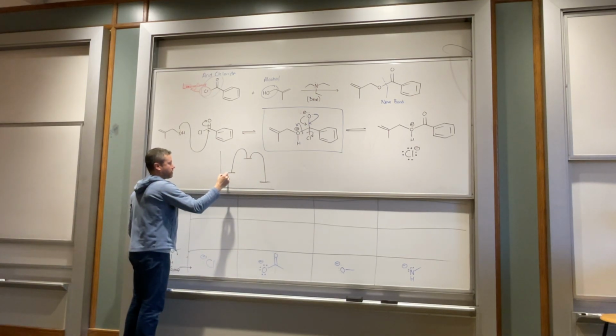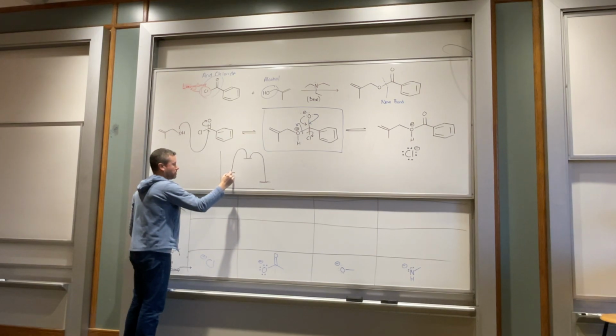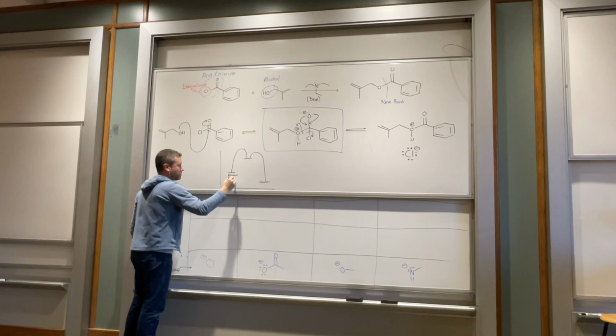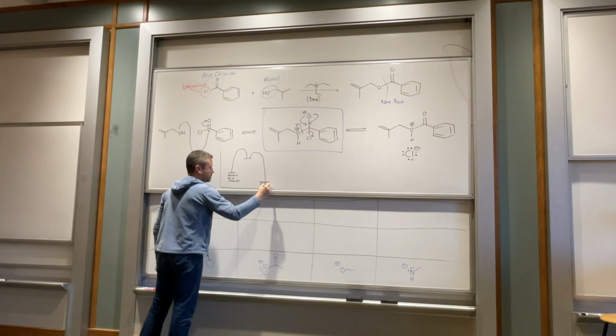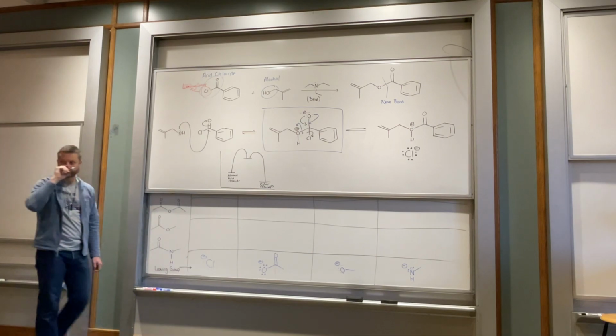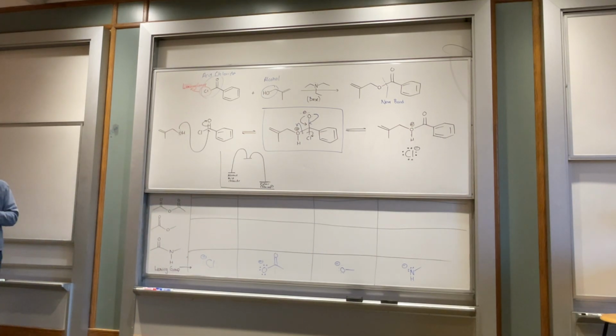So this is the alcohol and acid chloride, and then here's the ester and the chloride anion. So why is this reaction product favored? Or why are the products lower in energy than the starting materials?